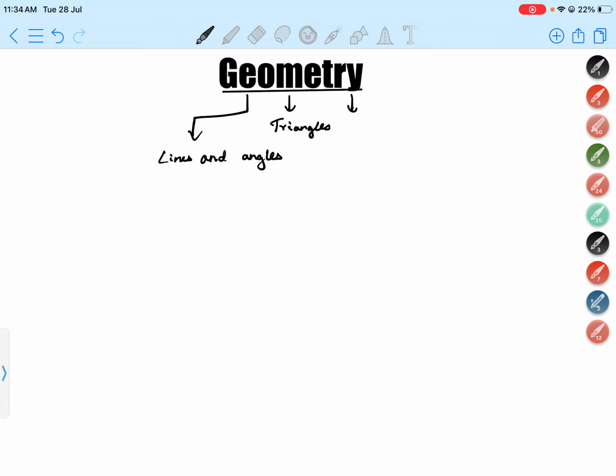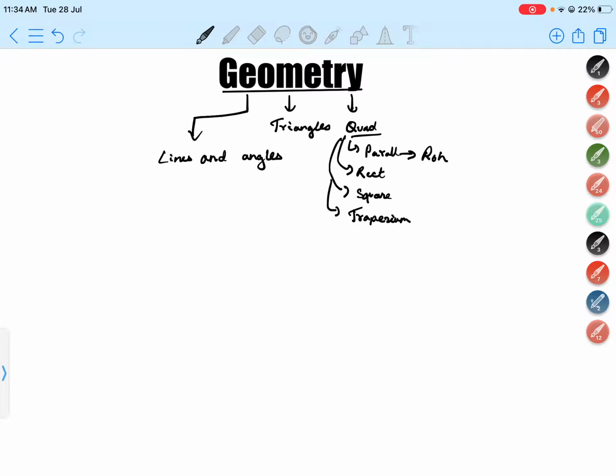From there we will be switching to quadrilaterals, and within quadrilaterals we will study parallelogram, rectangles, square, trapezium, and inside parallelogram there is also rhombus, that is a parallelogram with all the sides being equal.